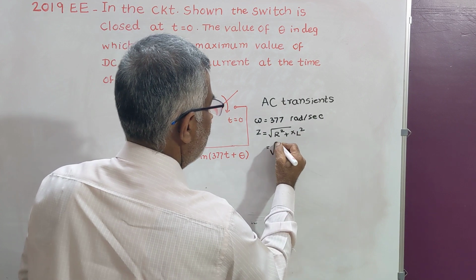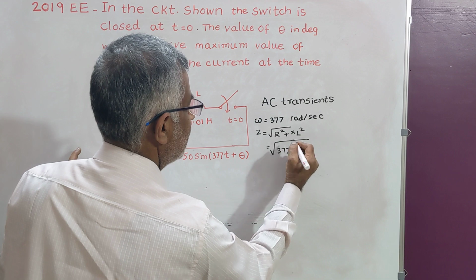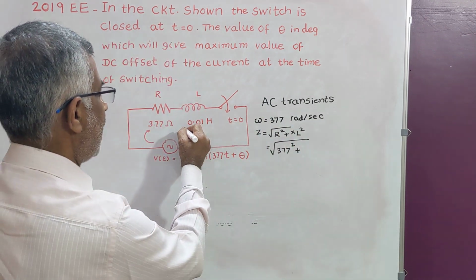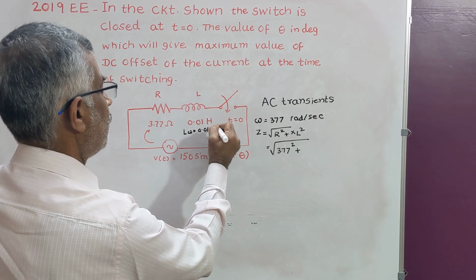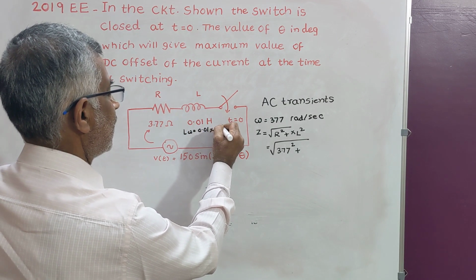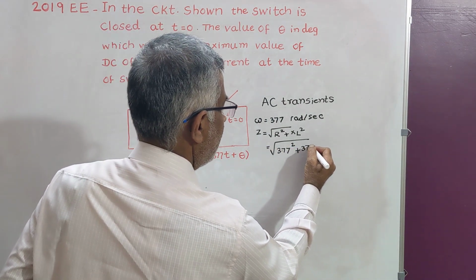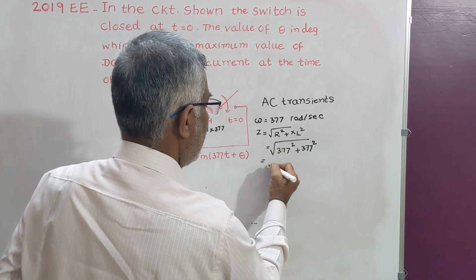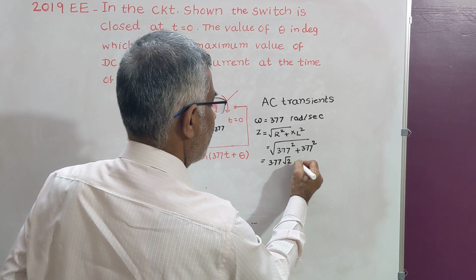That is square root of resistance 3.77 square plus XL. XL means L omega equals 0.01 into 377. That is also 3.77. So 3.77 square plus 3.77 square equals 3.77 root 2 ohms.